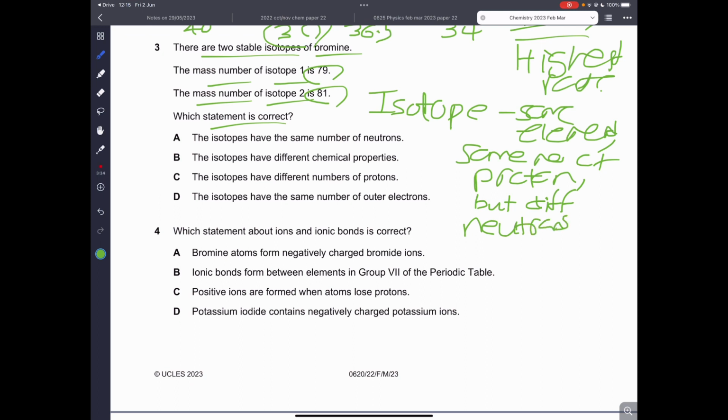Or you can say their mass number is different. And so here we can see that the isotopes have the same number of outer electrons. Yes, they have the same number of protons and electrons. So because it is a stable isotope, therefore D is the correct answer.